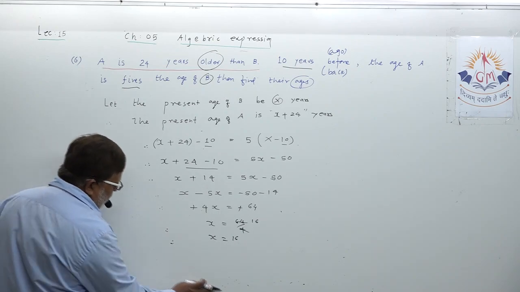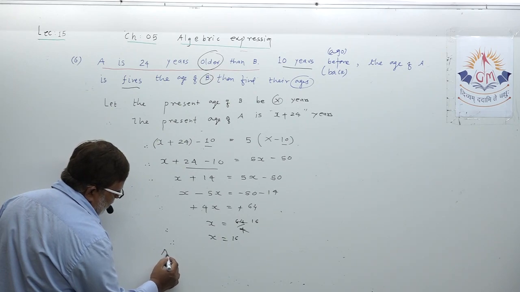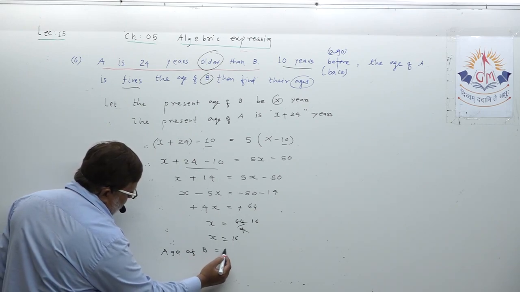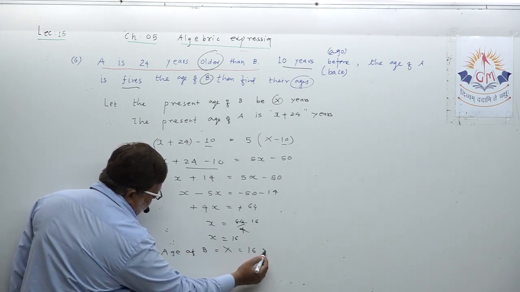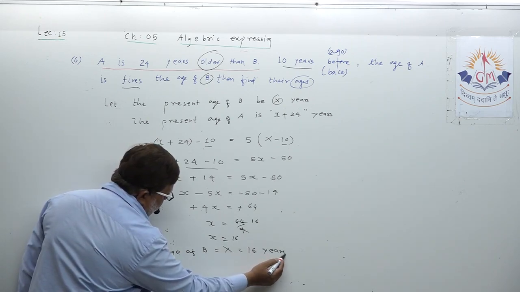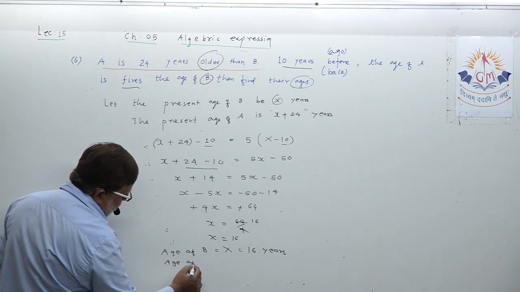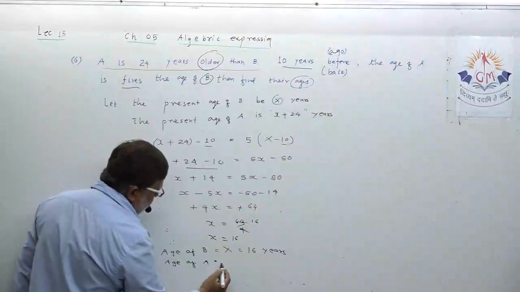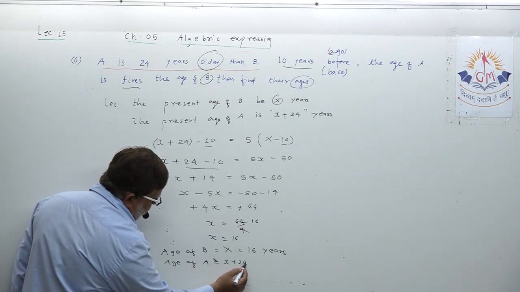Okay. So now, dear student, question of substitution. This way, please be conscious. Age of B, what we have supposed x, that's equal to 16 years. Age of A, sorry. What we have taken age of A as x plus 24.